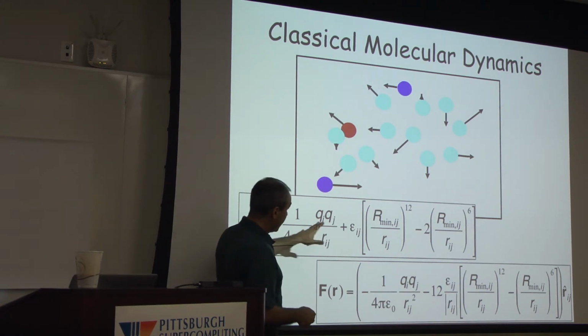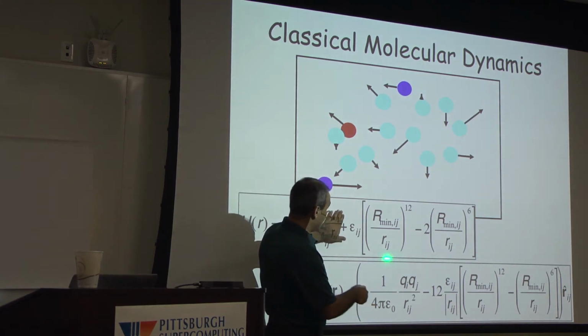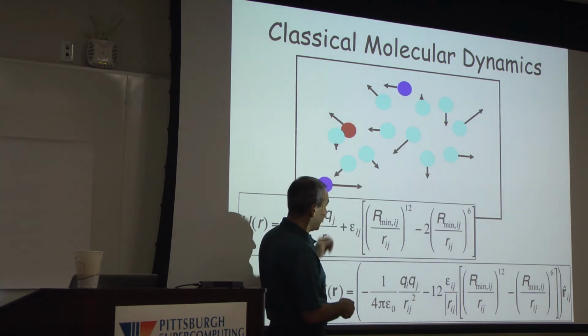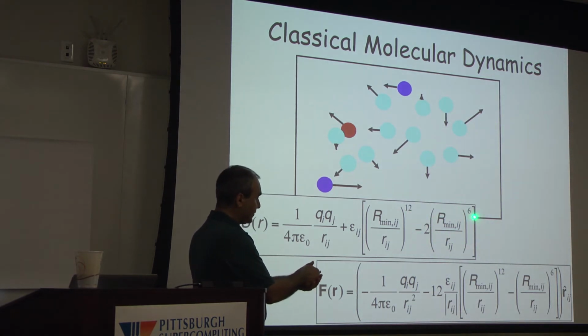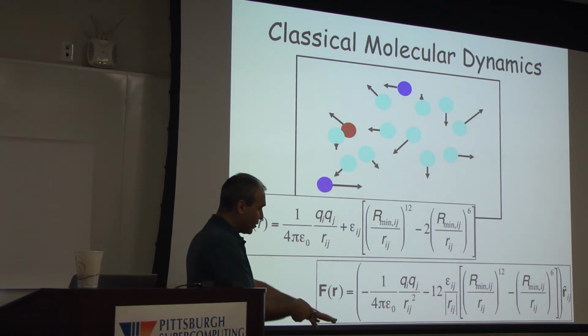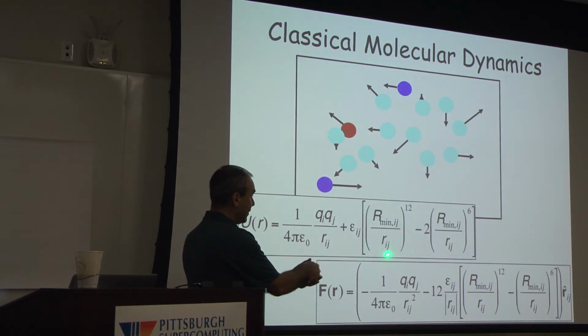It has two terms. We call this a Lennard-Jones potential. That's the functional form used to describe this interaction. It has a negative component, which is attractive, since anything low energy is attractive, and it has a positive component which is repulsive.